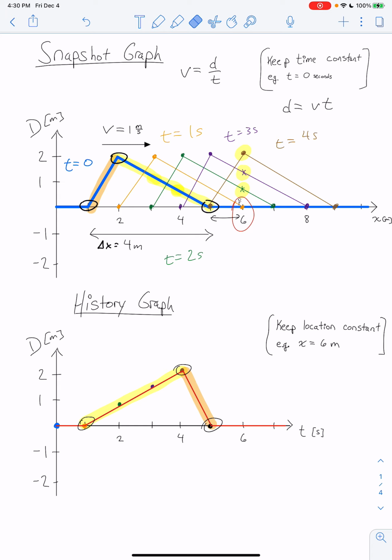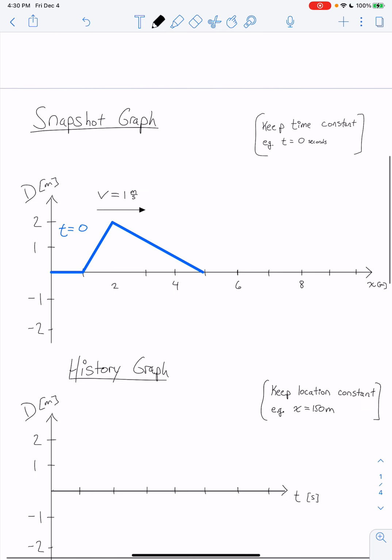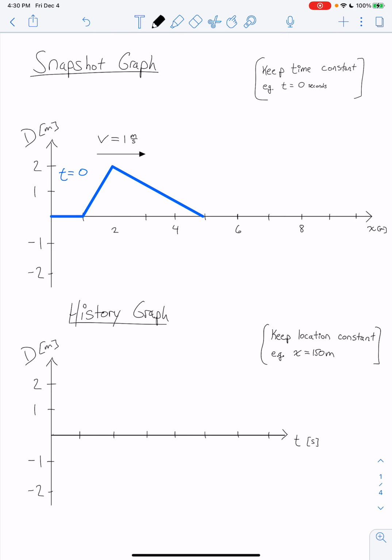Let's make it more difficult. Why don't we pick a location for a history graph that is a little less obvious? Let's put it way out, far, far away. So here's the same question, same wave, same velocity, but in this case, we're going to have a distance of 150 meters.